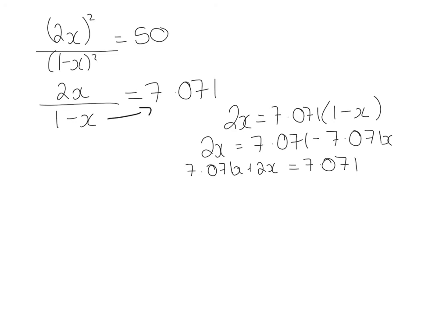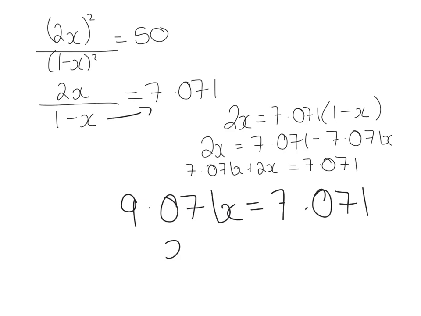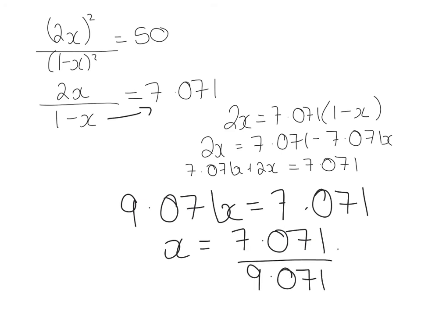So guys, this ends up reading as 9.071x is equal to 7.071. So to figure out what x is equal to, we take our 7.071, divide that by 9.071, and when you roughly round out your answers, guys, we get a value of x of 0.78.